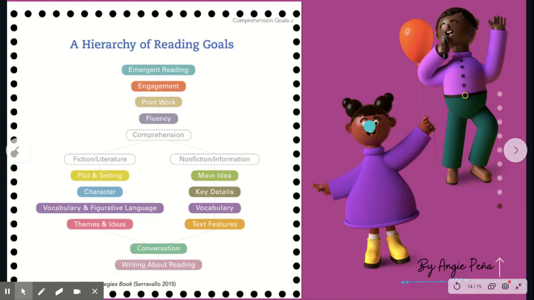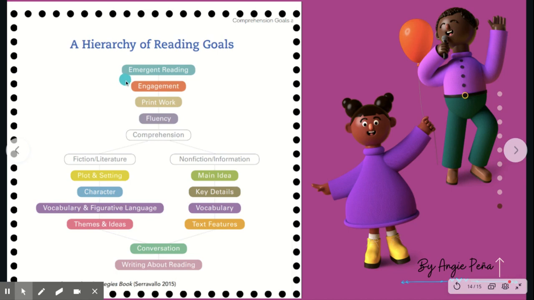So this is the hierarchy that Jennifer Serravallo proposes to us, and those are the skills that students have as readers. So we will begin in emergent reading, and we are going to go all the way down as time goes by, depending on the need. And this could be also goals.